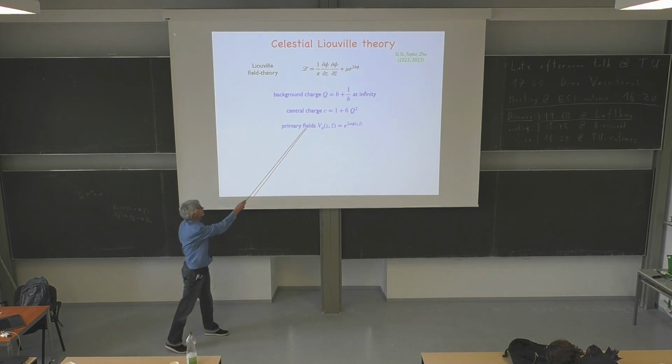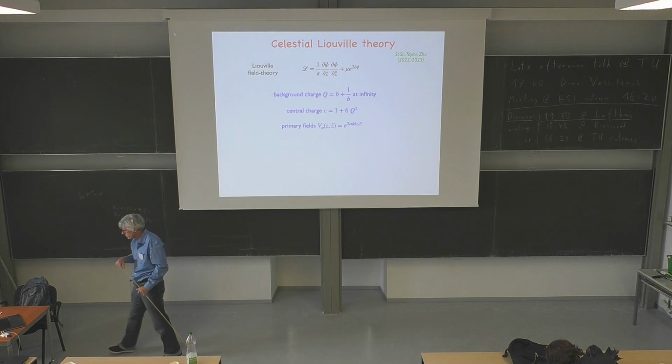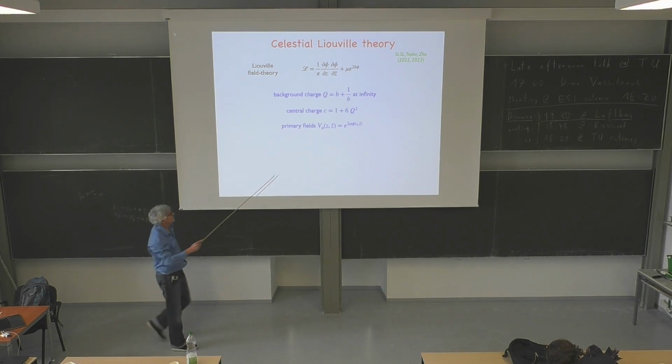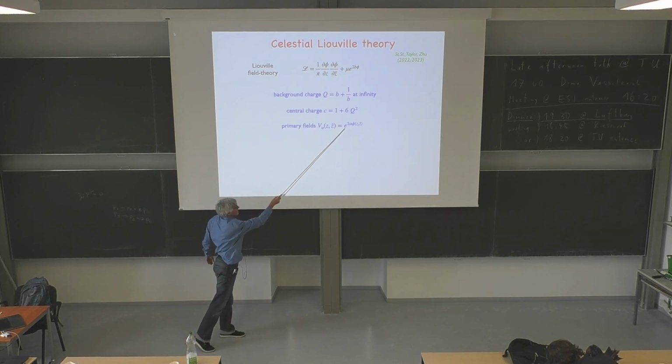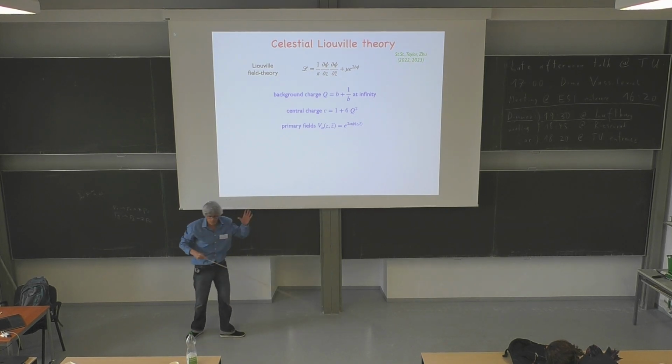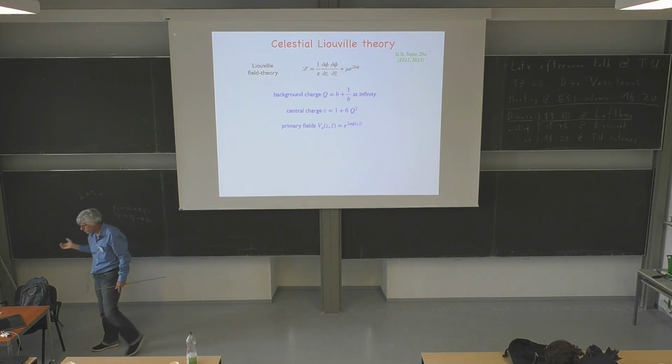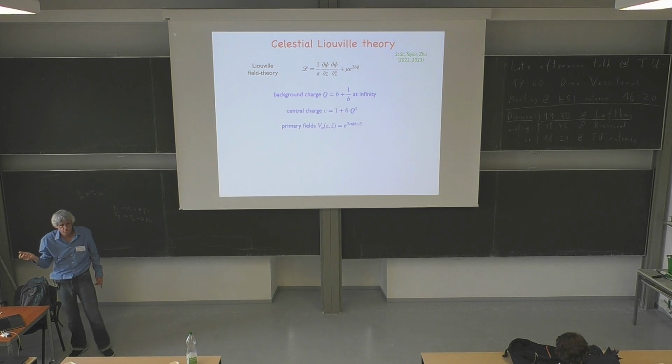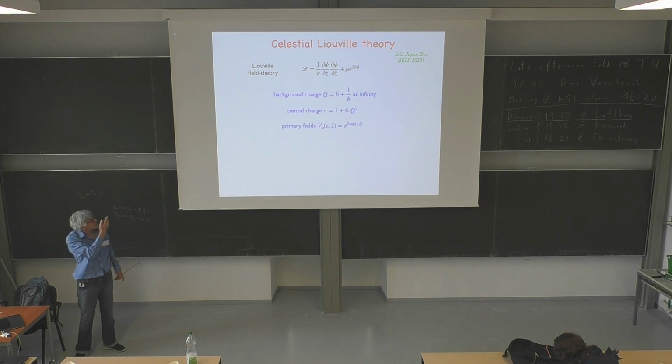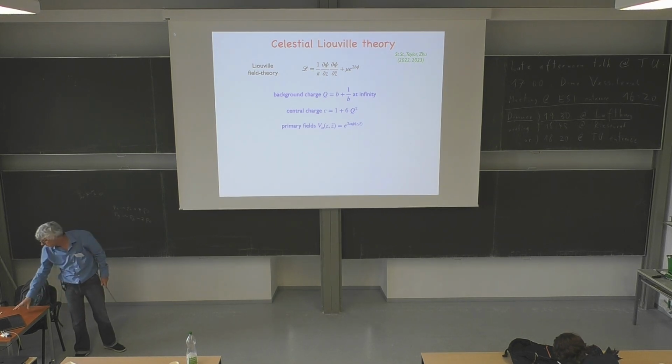The central charge is given in terms of this formula, and then we have operators, primary fields, given as exponentials of this field. So it looks a little bit like what you do in the Coulomb gas formulation, where you also have exponentials and a background charge at infinity.